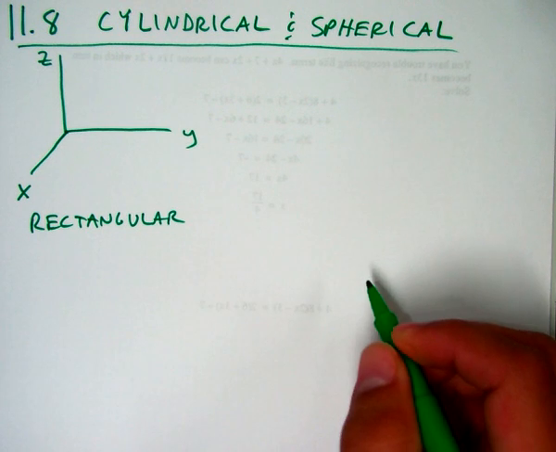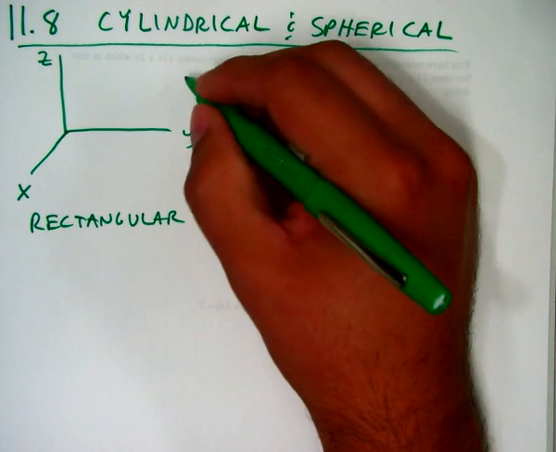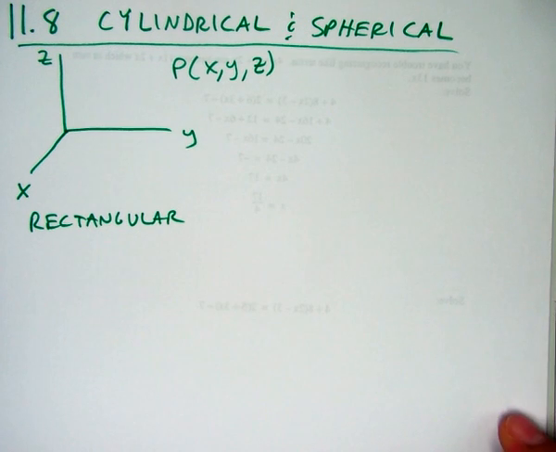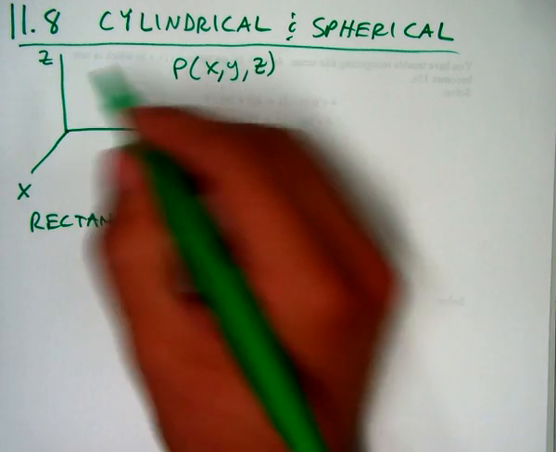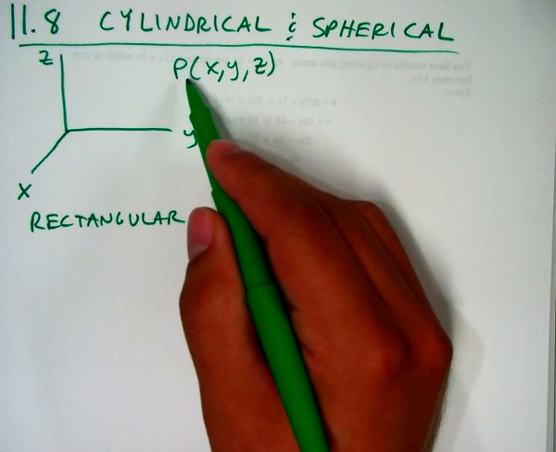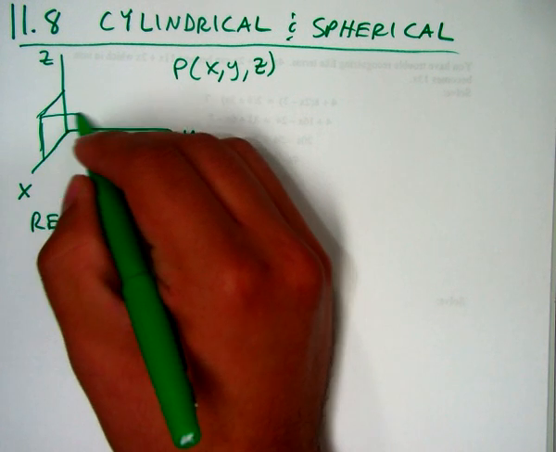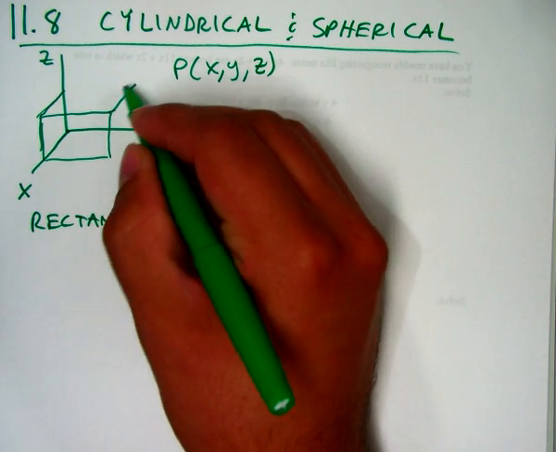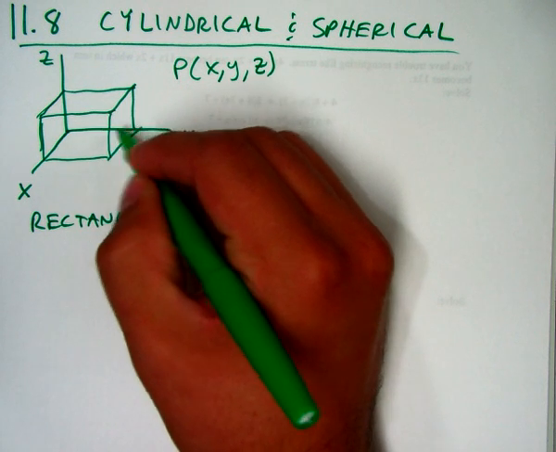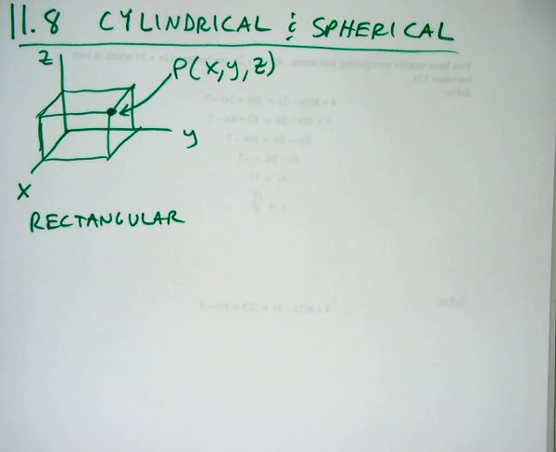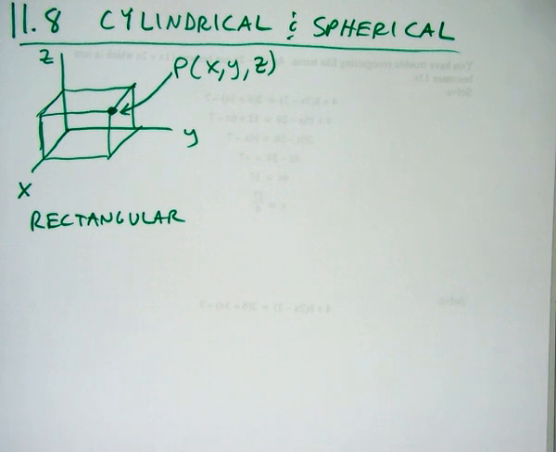And if you were to graph a point with coordinates x, y, and z, you could think about that point being a corner of a rectangle, where if you sit it in the first octant, this would be points with coordinates x, y, and z. Okay. So that's one of the reasons we call it rectangular.